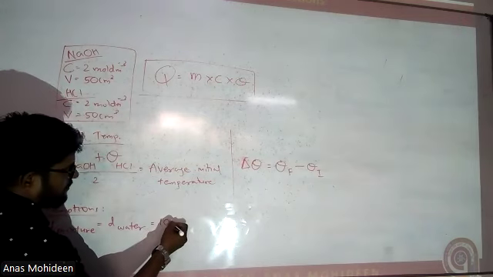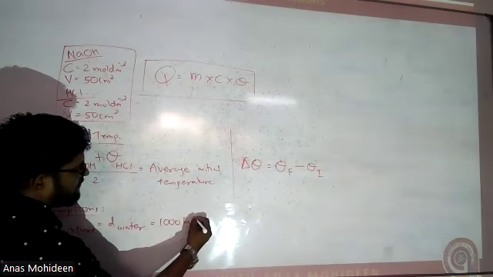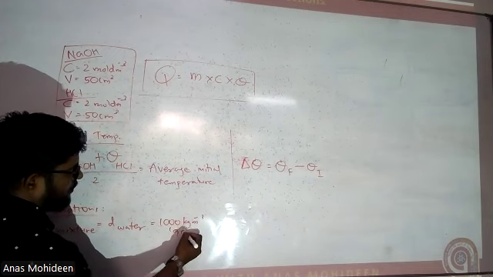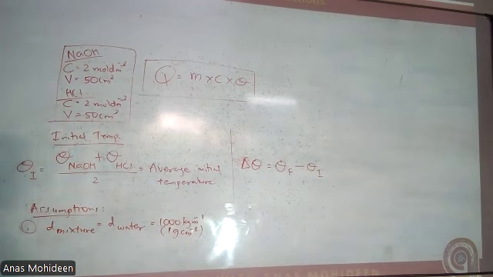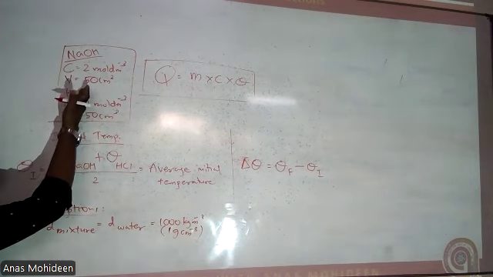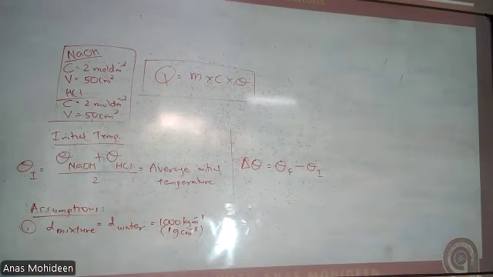Water's density is 1000 kilograms per cubic meter, or for smaller values, 1 gram per cubic centimeter. And I want to use this because the volume is given in cubic centimeters. This is the first assumption.